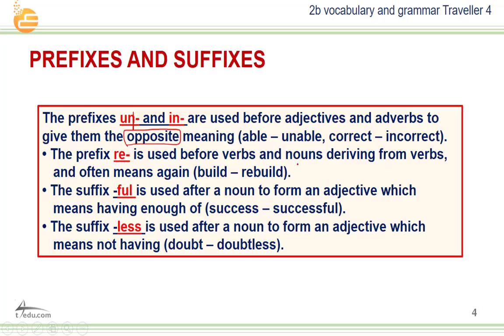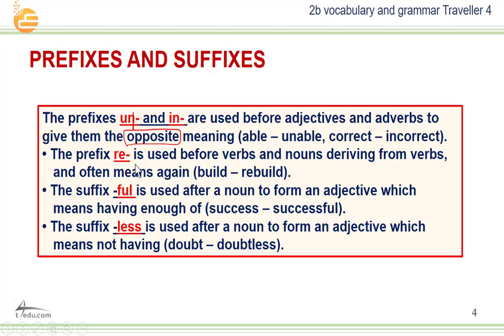Like here, able, unable, correct, incorrect. Able, can, unable, cannot, the opposite. Correct, true, incorrect, false or wrong. The opposite of correct is incorrect.